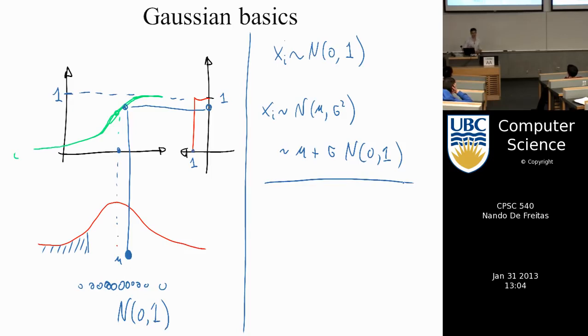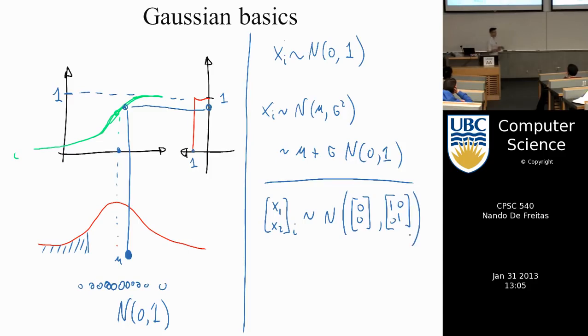In the multivariate case, suppose now that I have a vector with two variables, x1 and x2. How do I draw a vector from a Gaussian that is 0 mean and with covariance the identity matrix? That is, how do I now draw random vectors in 2D?